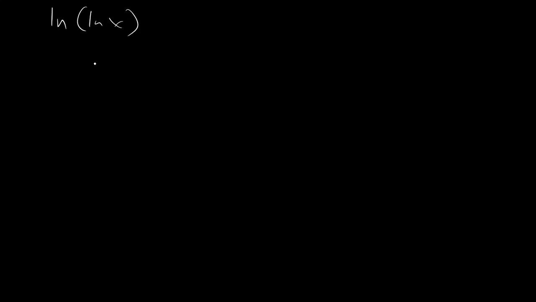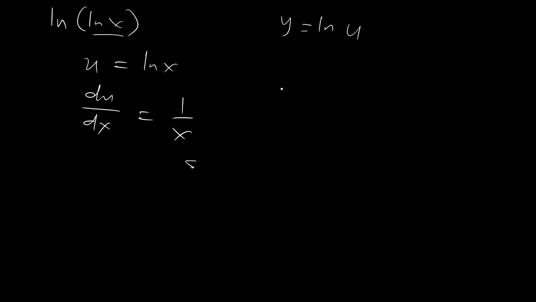For this, you assume u is equal to ln x. So the derivative of u with respect to x will be 1 over x. Now here you have ln u equal to y, because you have replaced this as u. So now the derivative of y with respect to u is equal to 1 over u.